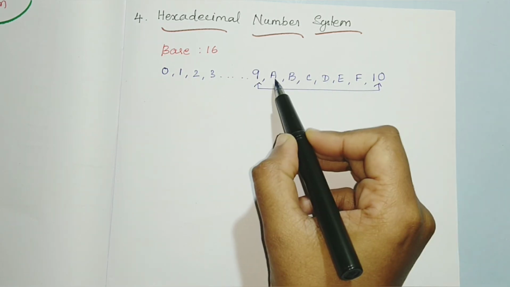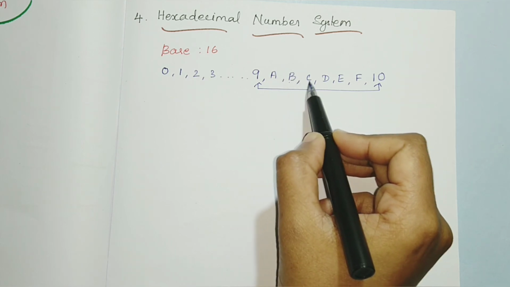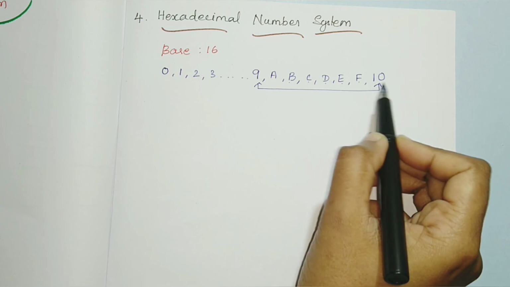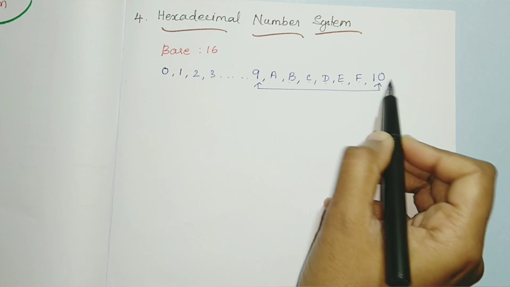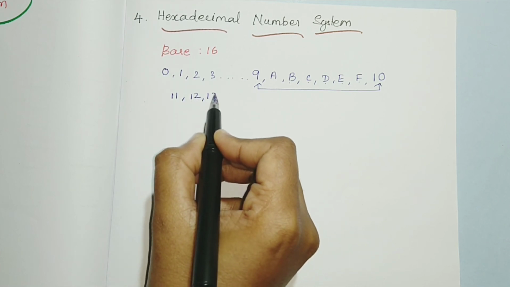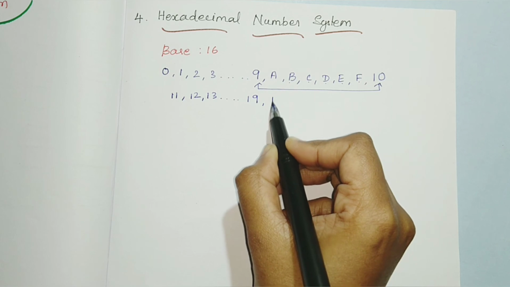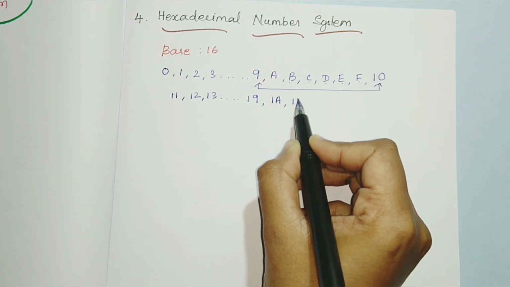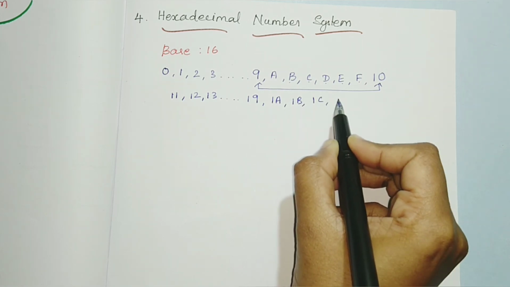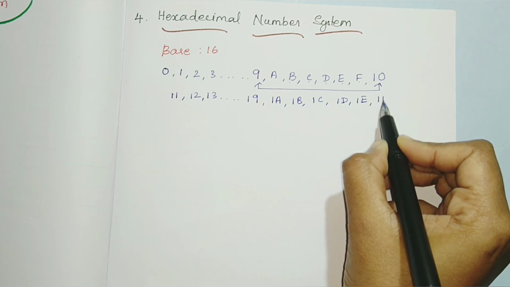The decimal value for A is 10. We will see that later, and all the alphabets have their own decimal value. After this we have 10, then 11, 12, 13 and up to 19 it is the same as decimal numbers. Then 1A, 1B, 1C, 1D, 1E and 1F.